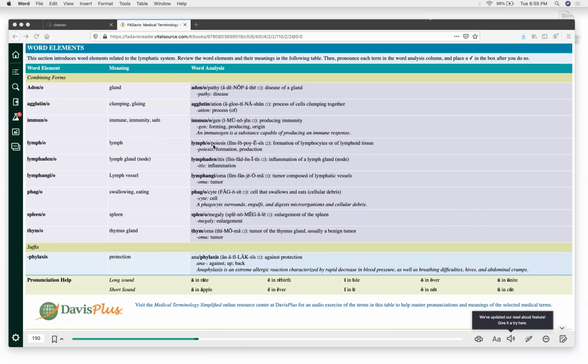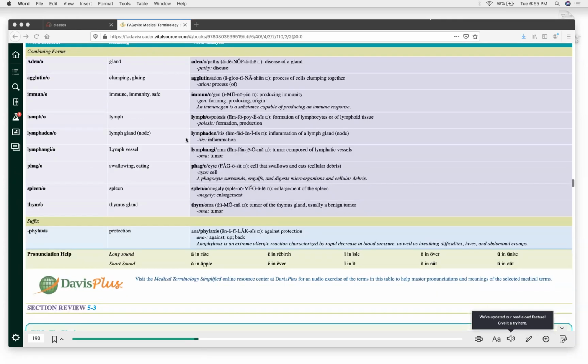We also learned hemat, so hematopoiesis is the formation of new blood. Lymphopoiesis is the formation of new lymph vessels or lymphocytes or lymph tissue. You should have lymphopoiesis when you're exposed to some sort of infection, so your body strengthens your immune system. Lymphadenitis, inflammation or infection of my lymph glands or lymph nodes.